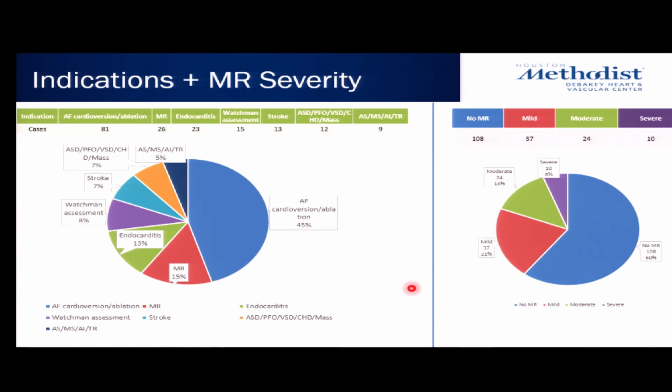For the whole cohort, most of the patients have no MR, around 60%. 21% have mild MR, 13% have moderate MR, and 6%, or 10 patients, have severe MR.